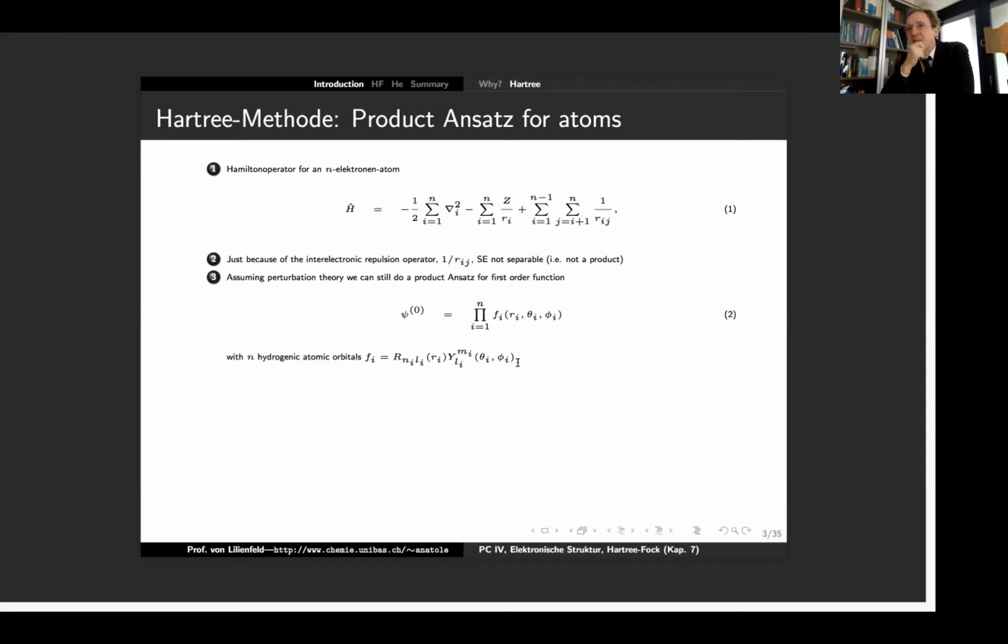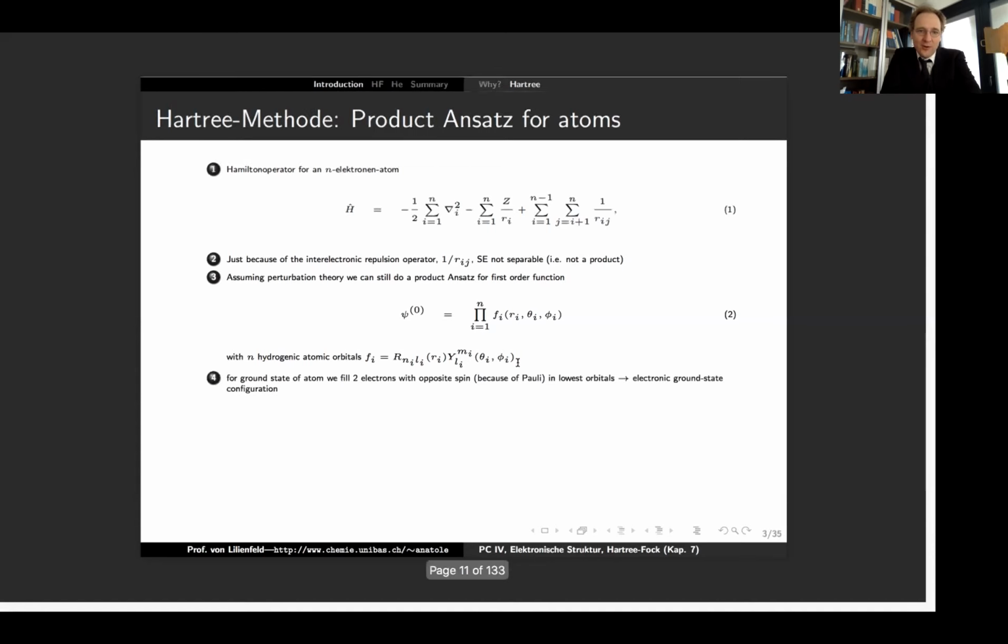If you have ever wondered why we don't approximate our wave function simply as a product of atomic orbitals, that is basically the reason why. You can always refer to the Hartree method, which tries to do that. So you would then fill the ground state of the atom with two electrons with opposite spin.